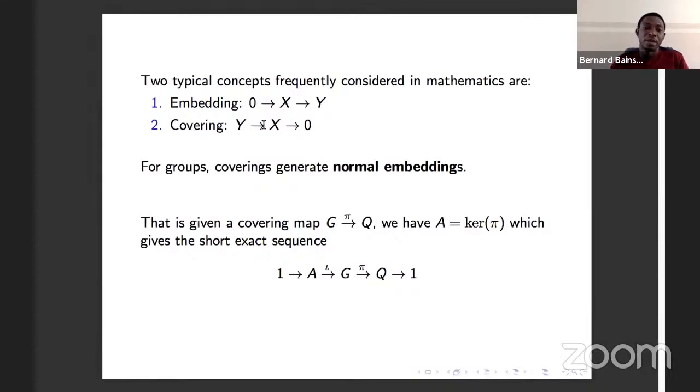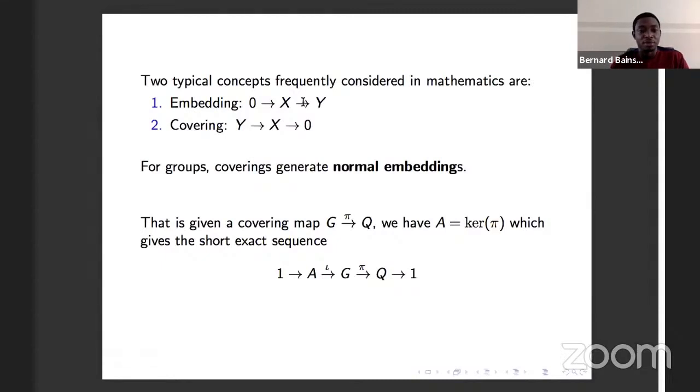For groups, we are much interested in coverings, because if you have a covering, it is able to generate an embedding. So considering coverings is sufficient, because the notion of embeddings can be considered thereafter, since these are going to be generated.